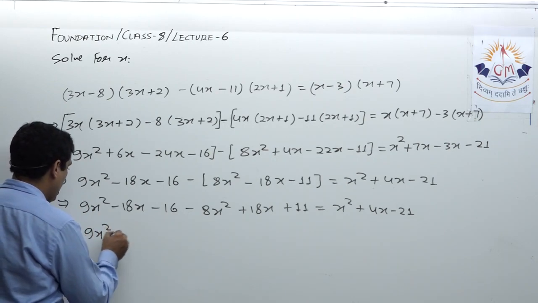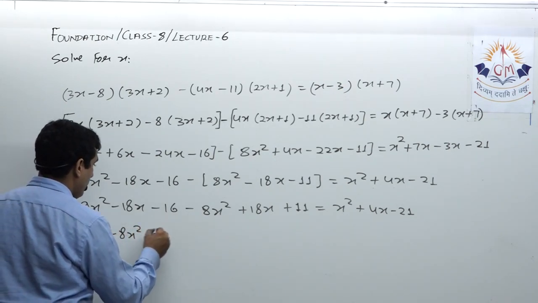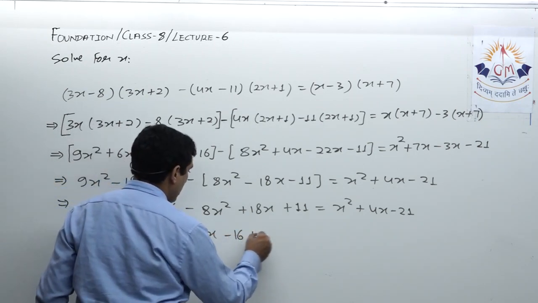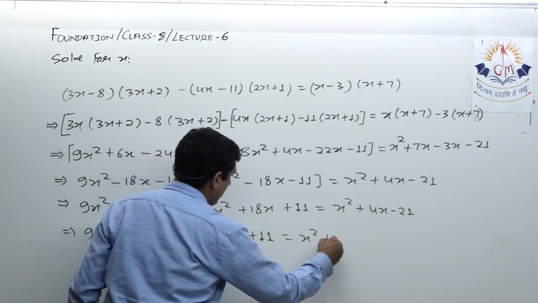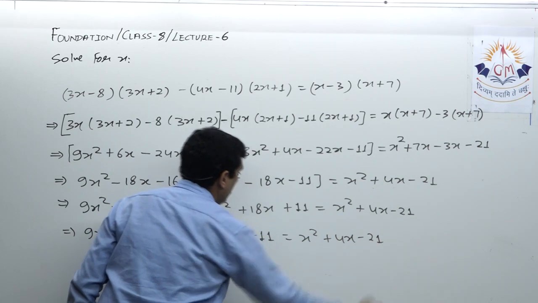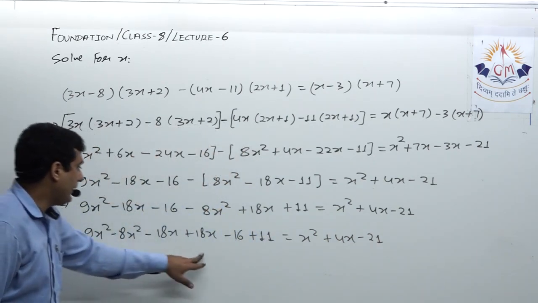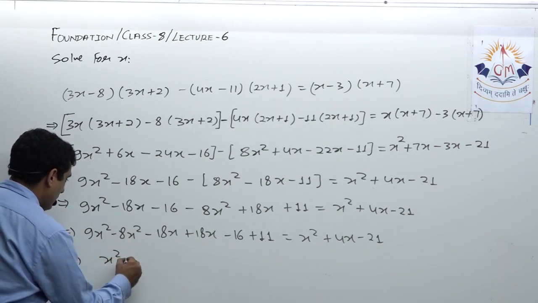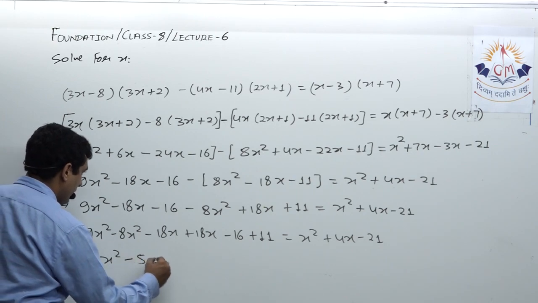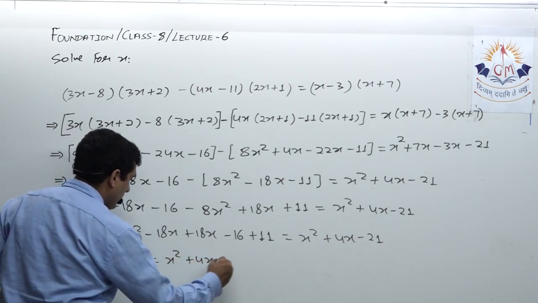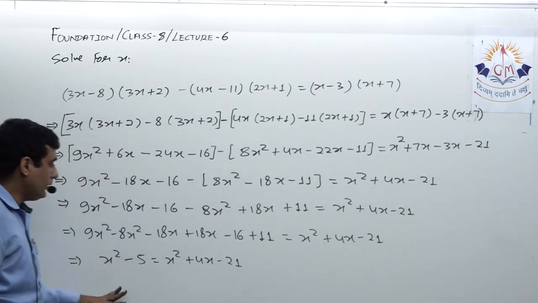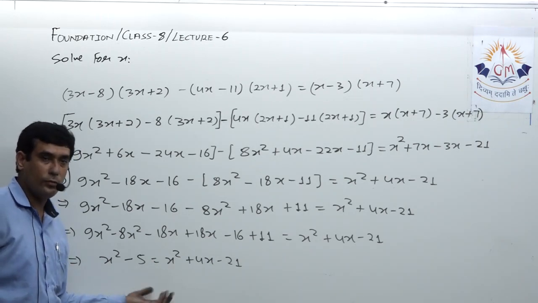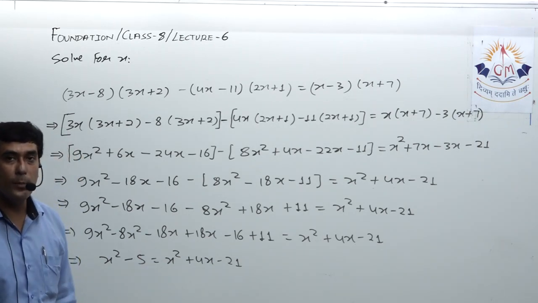So 9x square minus 8x square minus 18x plus 18x minus 16 plus 11 is equal to x square plus 4x minus 21. So here I can cancel these two. So here I will get x square minus 5 is equal to x square plus 4x minus 21. So please note it down up to this. Then see here x square, we are almost near to the answer. So first of all note it down, then we'll see the remaining solution.